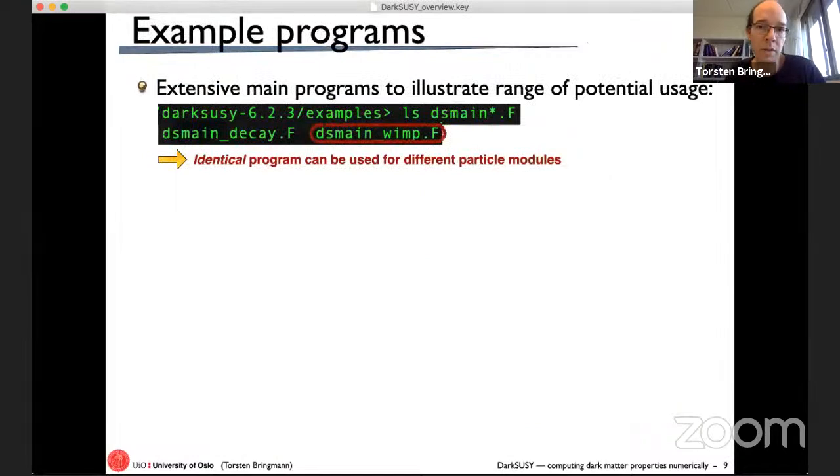So how do you actually use it? This is what you want to learn about today, but essentially the first step would always be to look at the example programs that we provide. There's an extensive main program, both for decaying dark matter and annihilating dark matter, that basically demonstrates how you can use the same program for different particle modules.